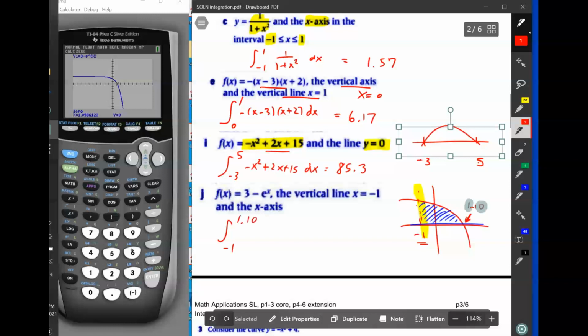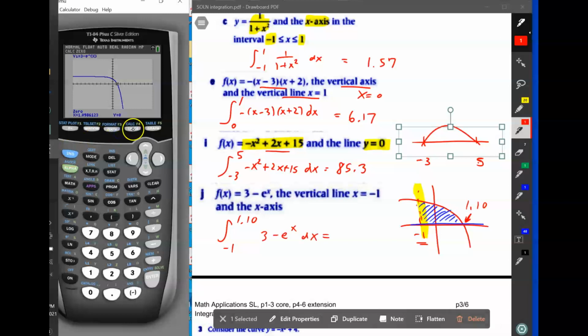Let me rewrite that. It's kind of messy. 1.10. Okay. And the inside is going to be 3 minus e to the x dx. So let's do that.